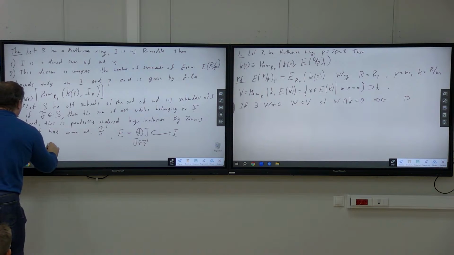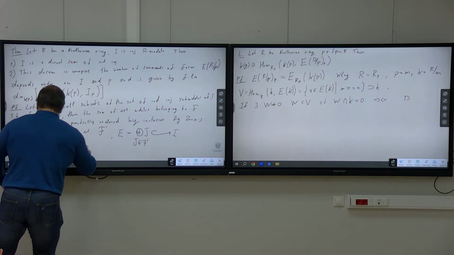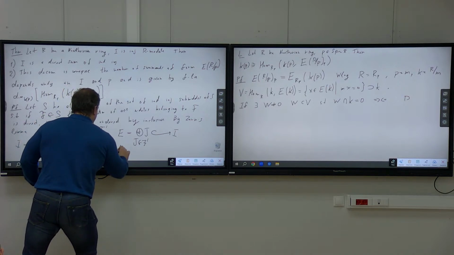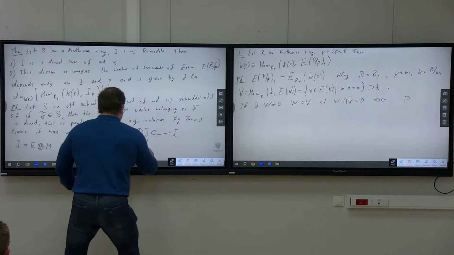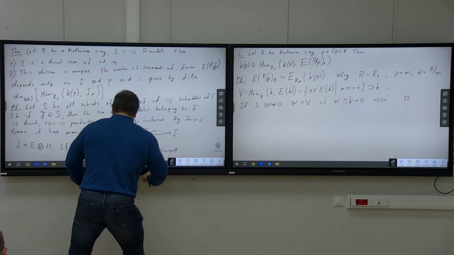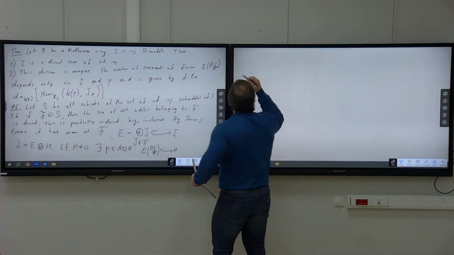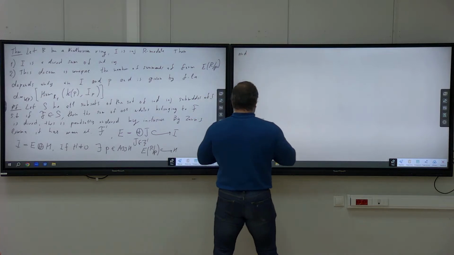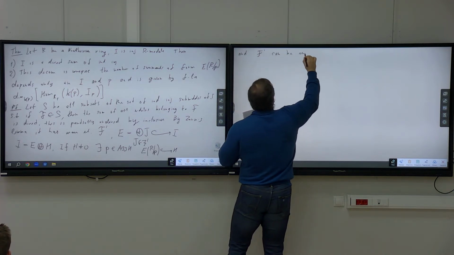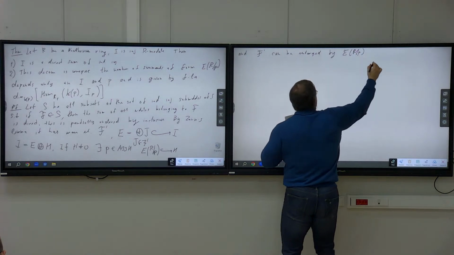Let's call the complement H. If H is not equal to 0, then there is a prime ideal associated to H, and hence I can embed the injective hull of R modulo P into H. And then F prime can be enlarged by the injective hull of R modulo P, which is a contradiction.